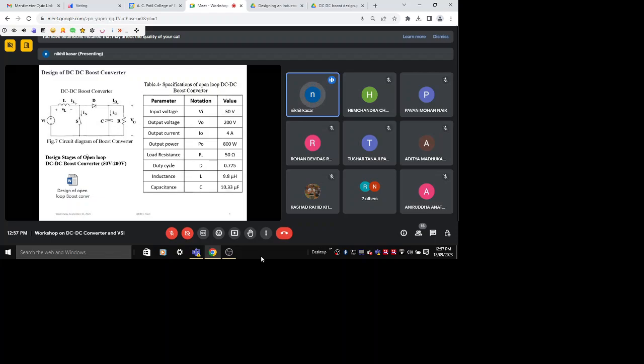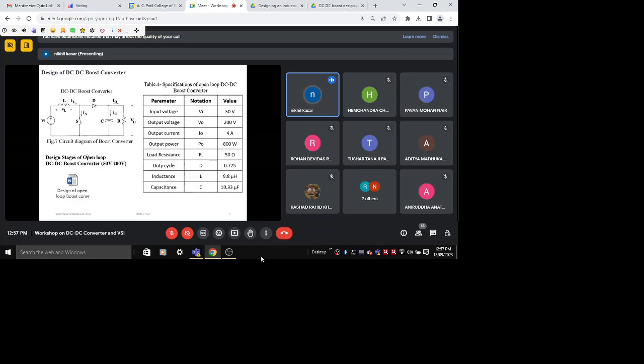The rigorous boost converter capacitor value is 9.8 to 10.3 microfarad.